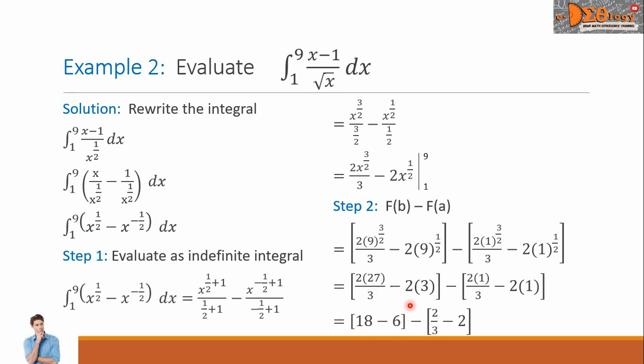Then minus 2 times 3 is 6. Then minus the second group, which is 2 times 1 is 2 over 3 minus 2 times 1 is 2. From here, let us remove the grouping symbol. So we have 18 minus 6 minus 2 over 3 plus 2. So the final answer here is 40 over 3.